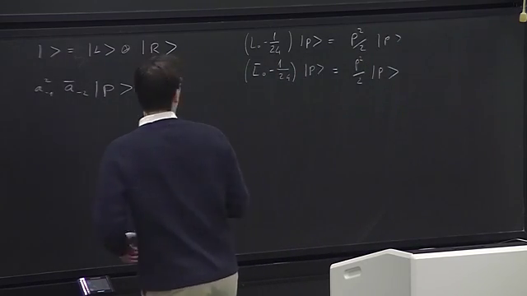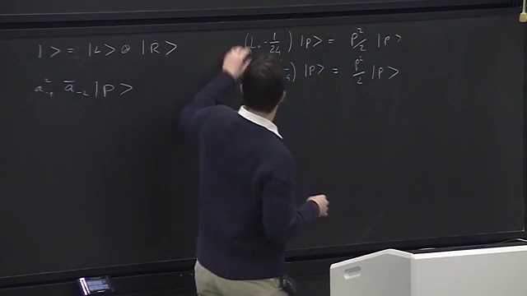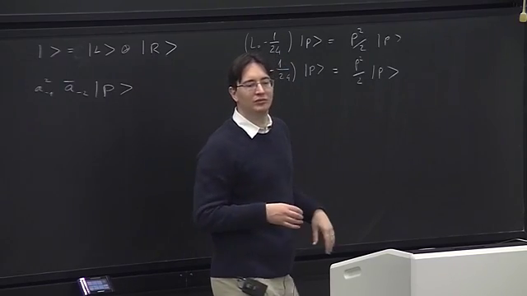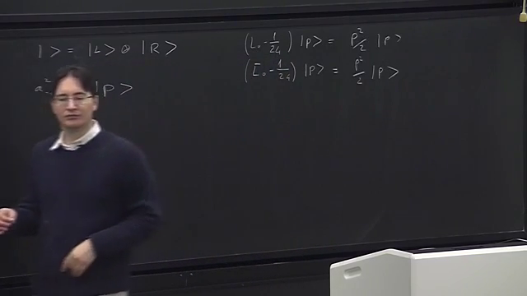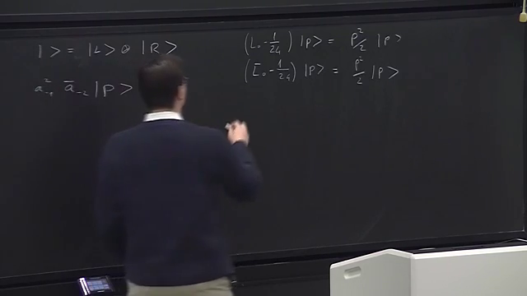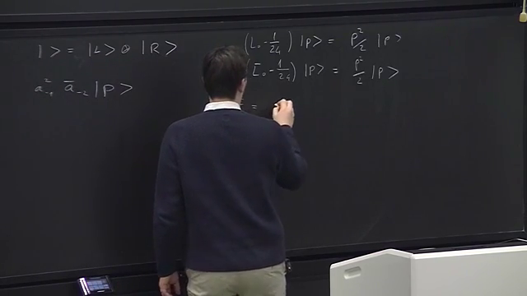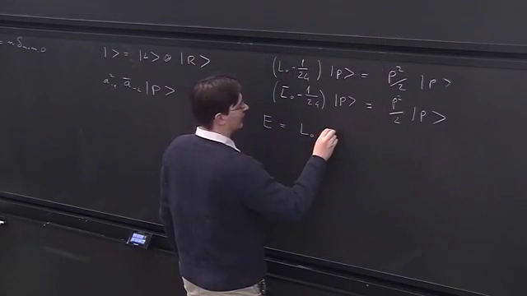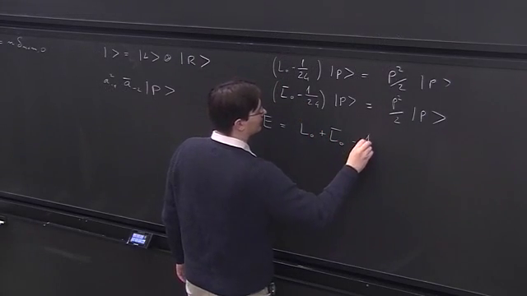So the total energy is the sum of these two operators. So the energy of a state is a naught plus a naught bar minus 1 over 12.